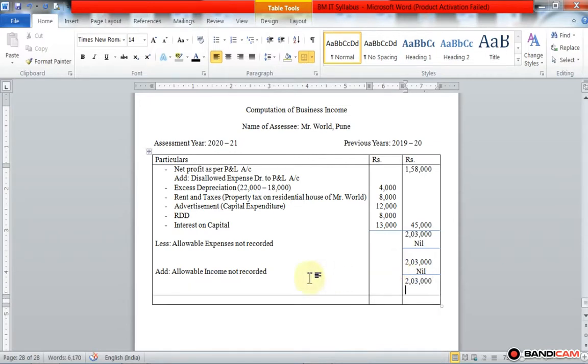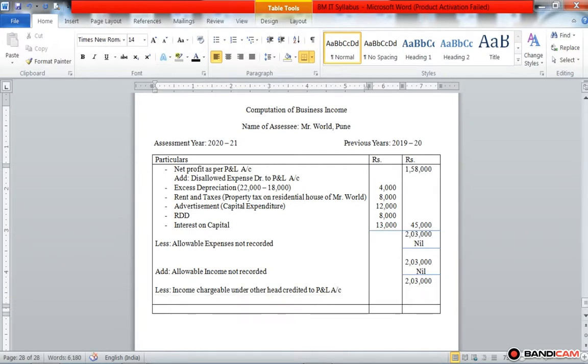Then we deduct: less, income chargeable under other heads, credited to P&L account.